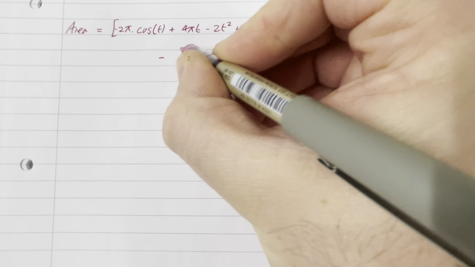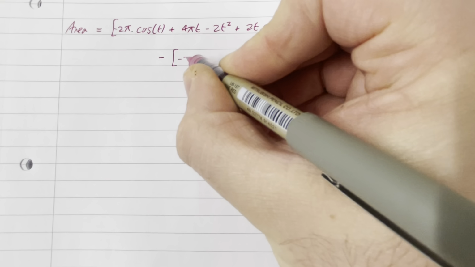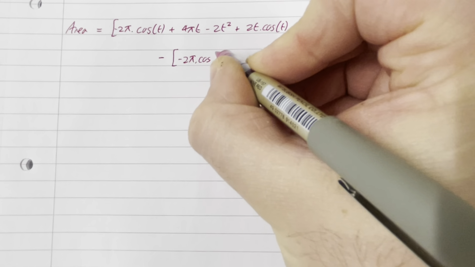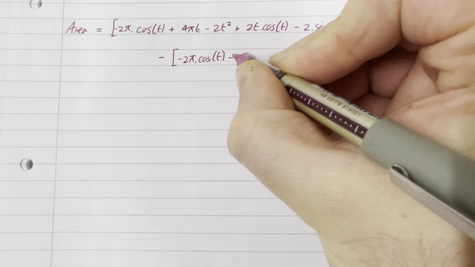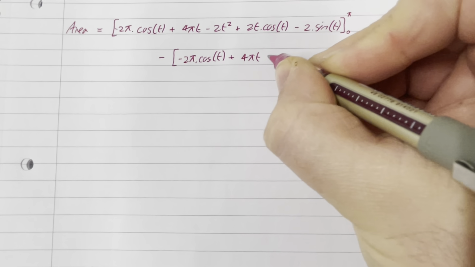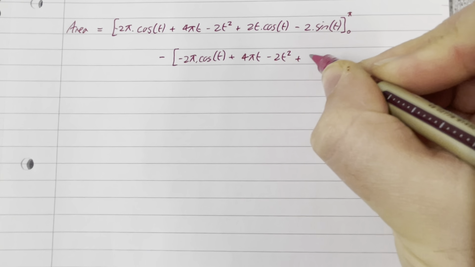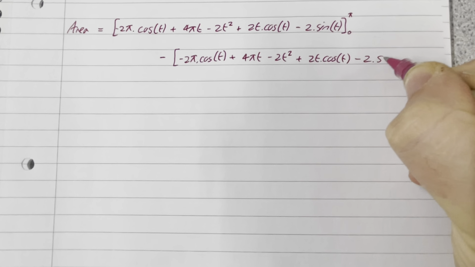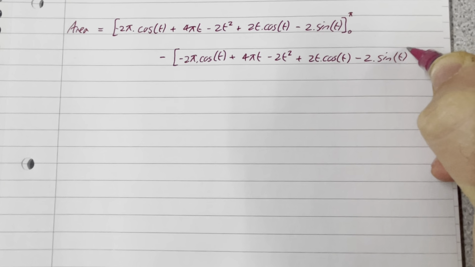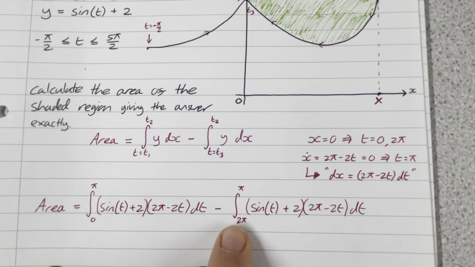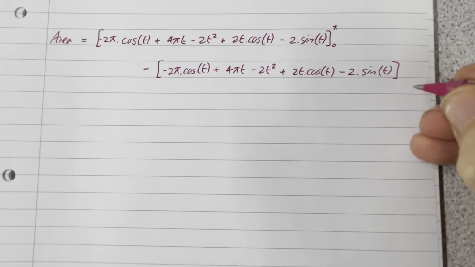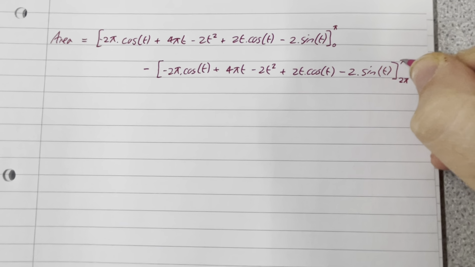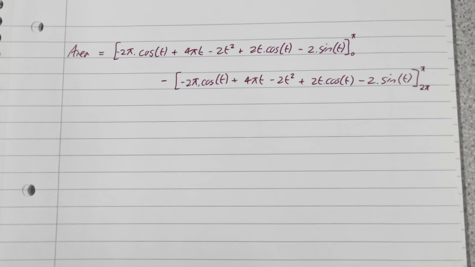And then you subtract the same result, 2 pi times the cosine of t plus 4 pi t minus 2t squared plus 2t times the cosine of t minus 2 times the sine of t. And that was evaluated between 2 pi and pi. Okay, so that's what I'm evaluating.